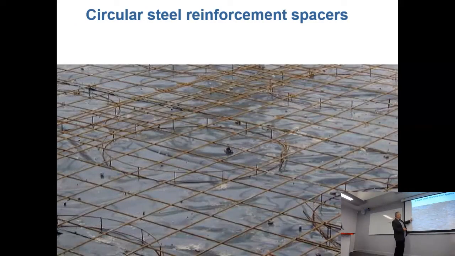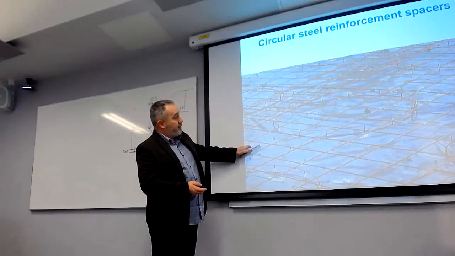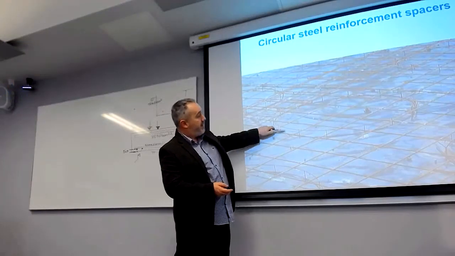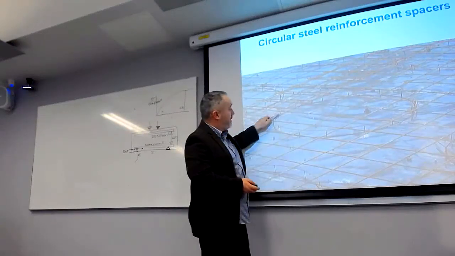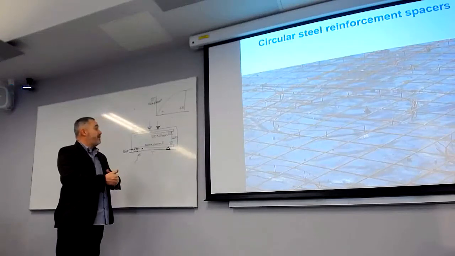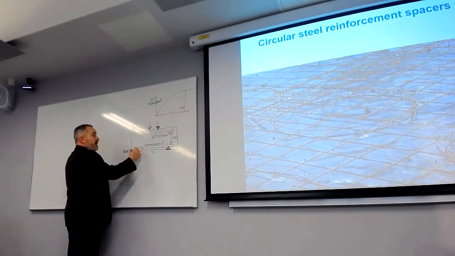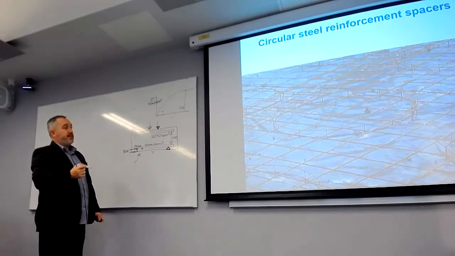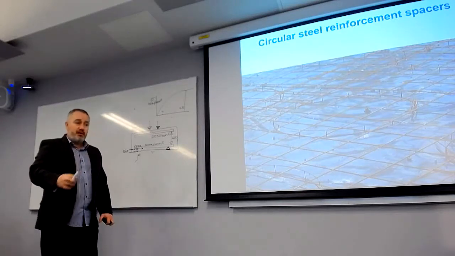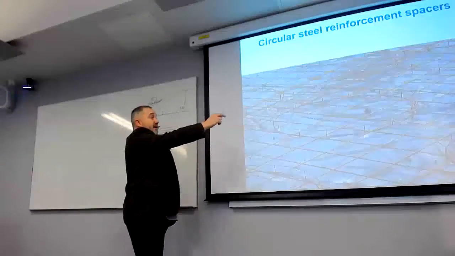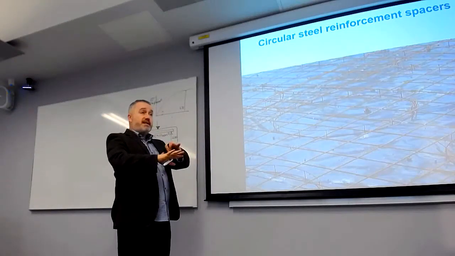So there's an example of our steel reinforcement, which has some on the bottom, some on the top, and a steel spacer. When you come to work out the steel, you have to work out an area of steel, and usually with slabs the load is horizontal in both directions, so you tend to have some form of grid.